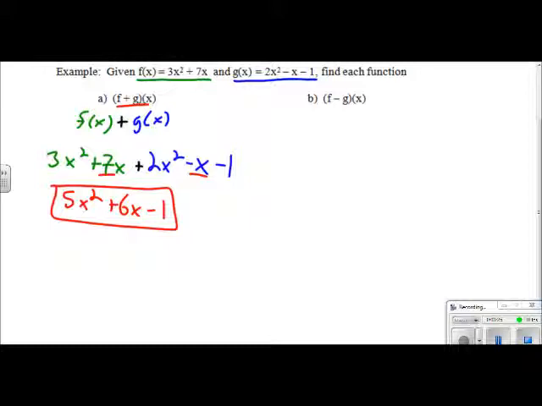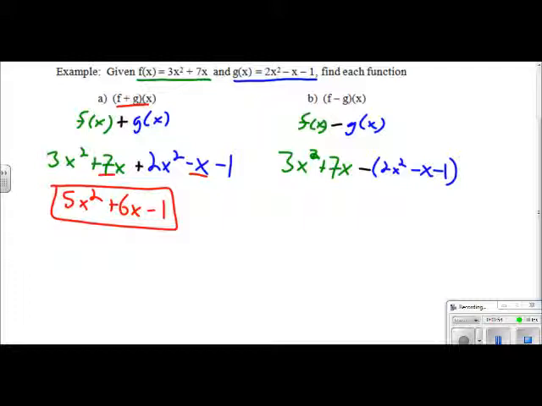So if we have f minus g of x, that would be f of x minus our g of x. So 3x squared plus 7x minus 2x squared minus x minus 1. We have to distribute that negative to each piece.